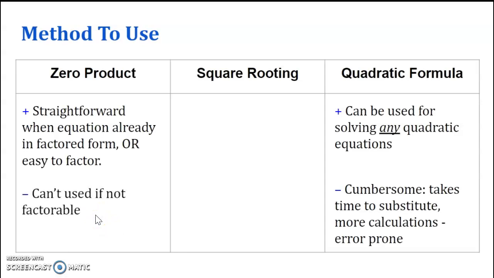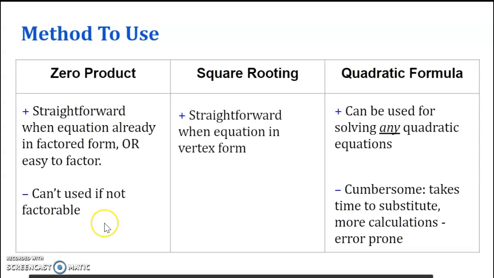However, it cannot be used if it's not factorable, or if the numbers are really big, the coefficients, or if you're talking about decimals or fractions or whatever else, then it would not be the one to use. Square rooting is also straightforward when the equation is in vertex form.